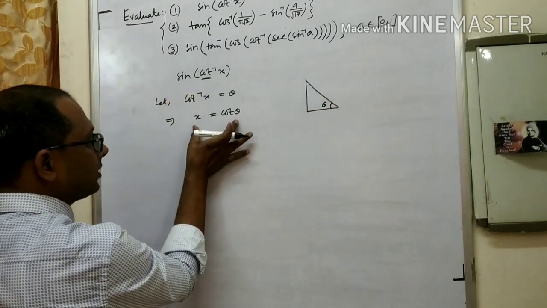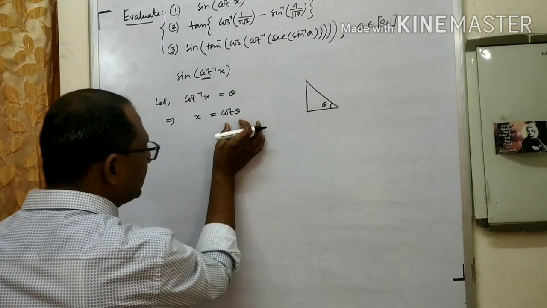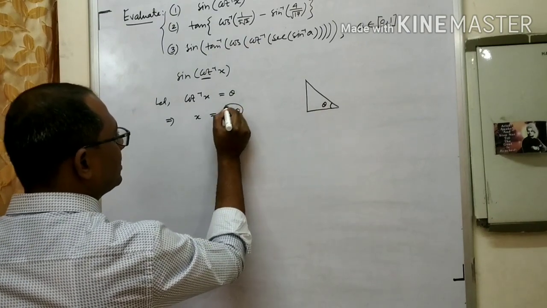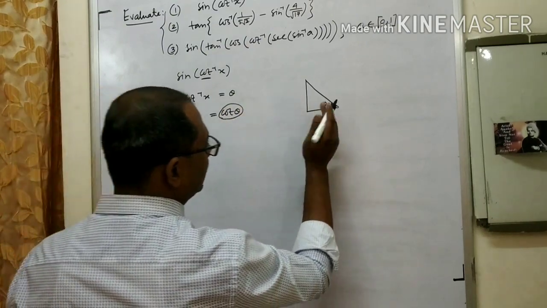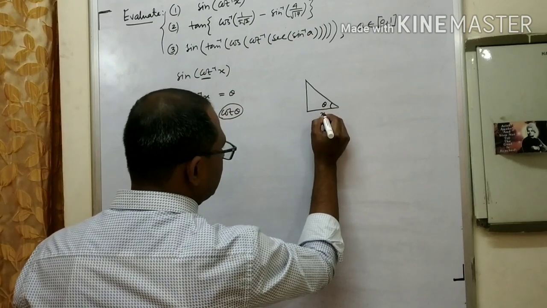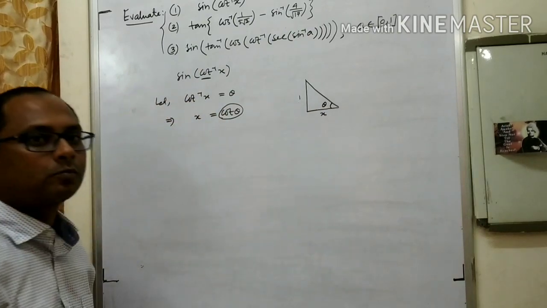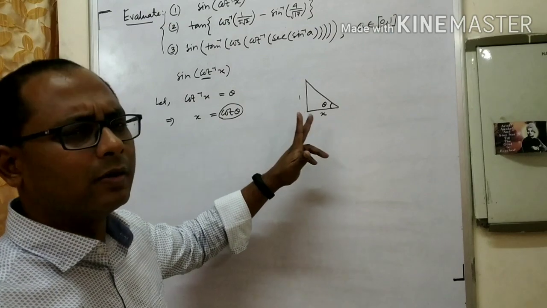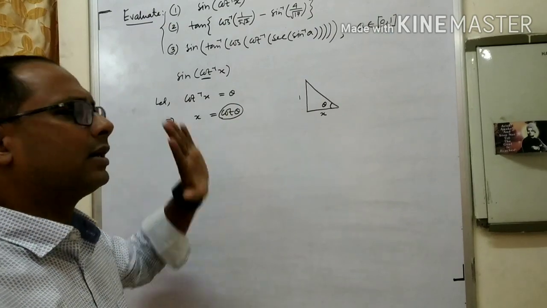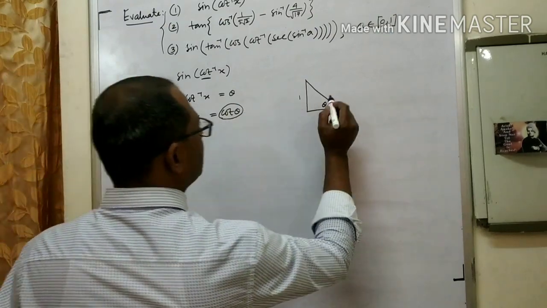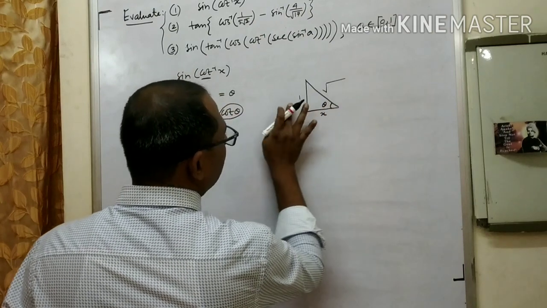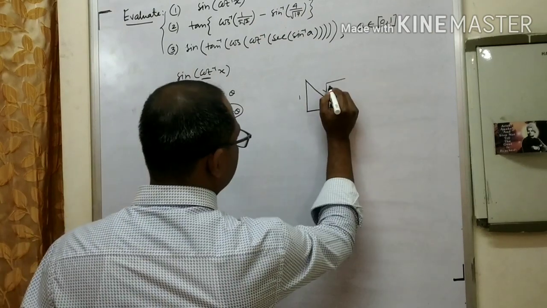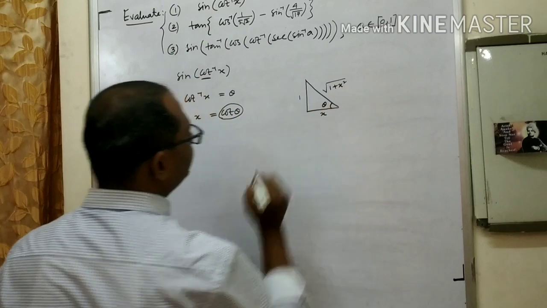So x equal to cot theta means cot theta is the ratio between base and perpendicular. So this one is x, this one is 1. I'm just taking the numeric values. The ratio already I have declared. So definitely this one will become the square root of the sum of the squares of the other two sides, that is root over 1 plus x squared.